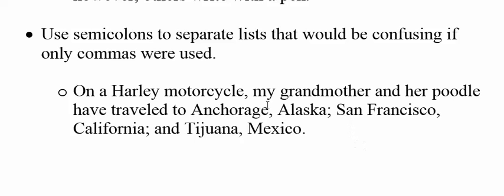What the person who wrote the sentence did was link together the city and the state, put in a semicolon, city and the state, put in a semicolon, and city and country, and put a period. So if you have a list that would have a bunch of commas and it would be a little bit more difficult to follow, then use a semicolon to separate that list.